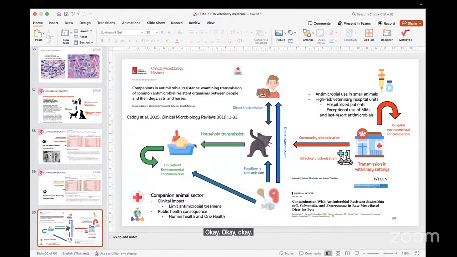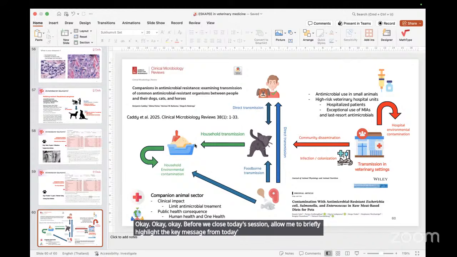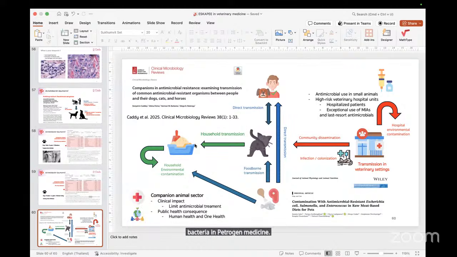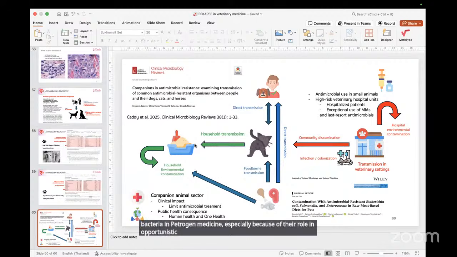Before we close today's session, allow me to briefly highlight the key message from today's lecture. Through this lecture, we learned that ESKAPEE pathogens are clinically important bacteria in veterinary medicine, especially because of their role in opportunistic infection, hospital-associated infection, antimicrobial resistance, and One Health-related transmission.